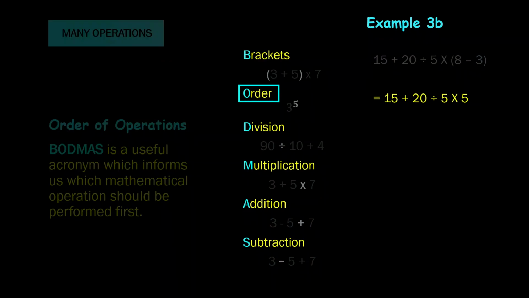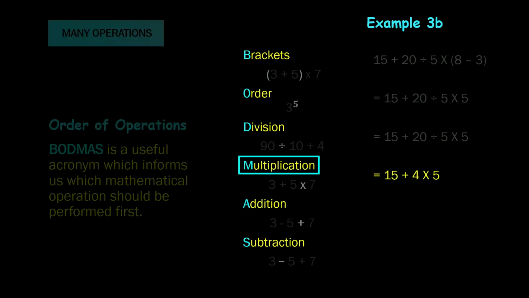Now see if there are any orders or indices or powers. There is no order or power, so we move on to the next operation, namely division. There is a division, namely 20 divided by 5. This equals 4, and we substitute that in place of 20 divided by 5.